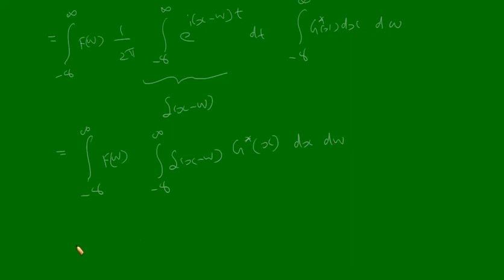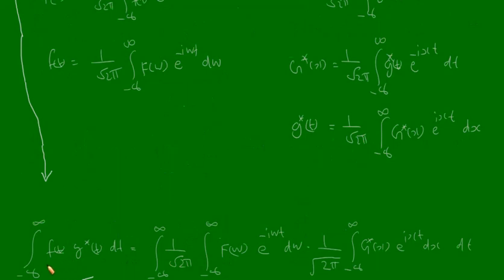Okay, now this will be equal to integral from minus infinity to infinity f of omega. Now the delta function, delta x minus omega, into g star x becomes g star omega, so x becomes omega here, g star omega d omega. Okay, and that is the proof.